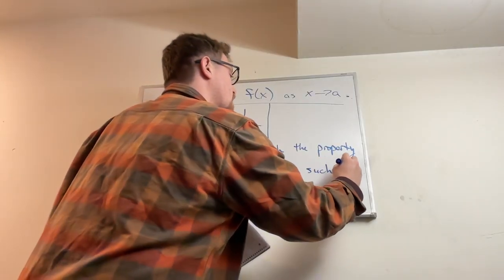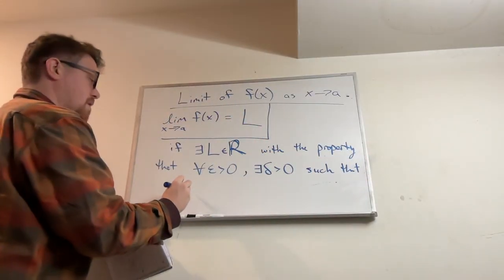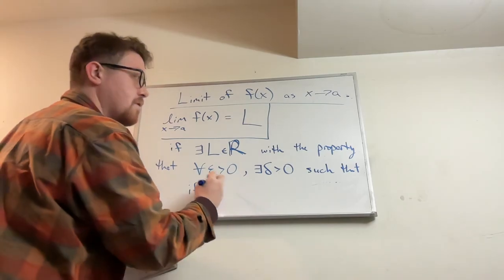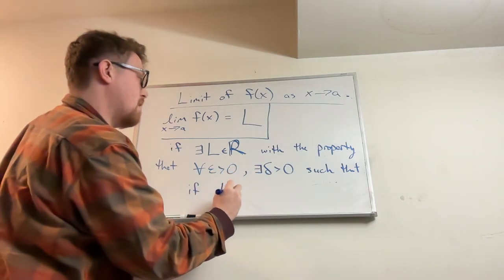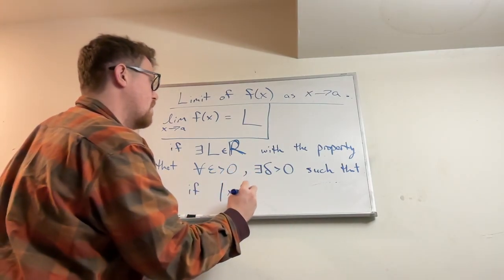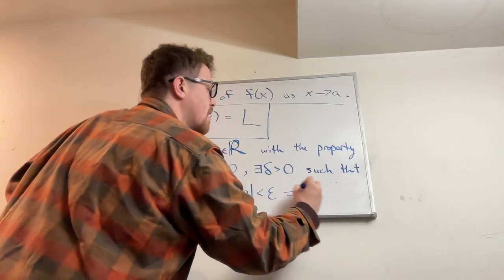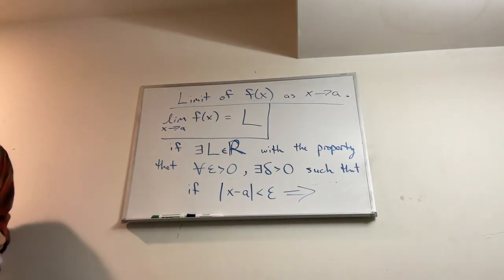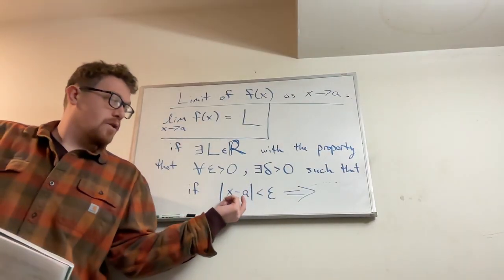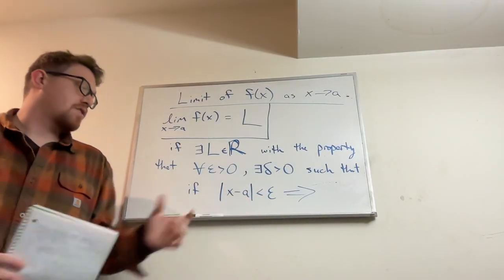such that if the absolute value of x minus a is less than epsilon, then that always implies, if I'm closer than epsilon distance, or sorry, actually this is delta.